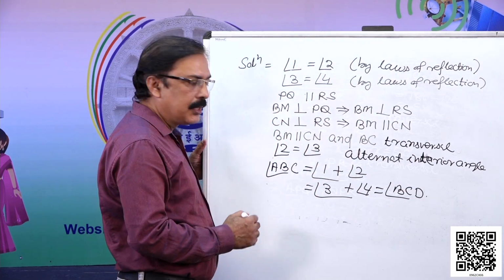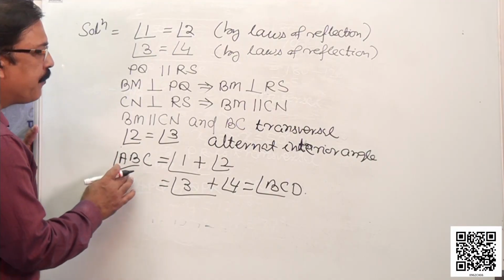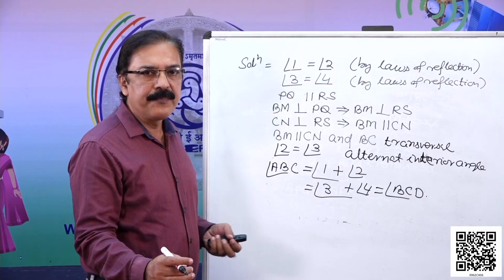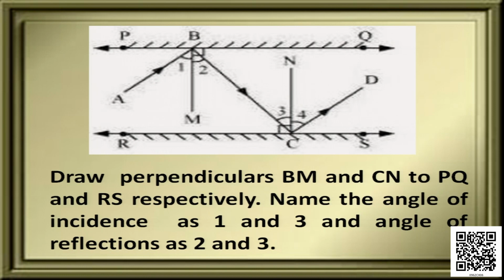Now if we look at the picture, ABC and BCD are alternate interior angles, with BC as the transversal of lines AB and CD.